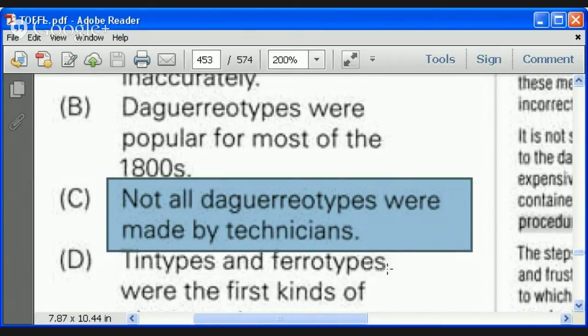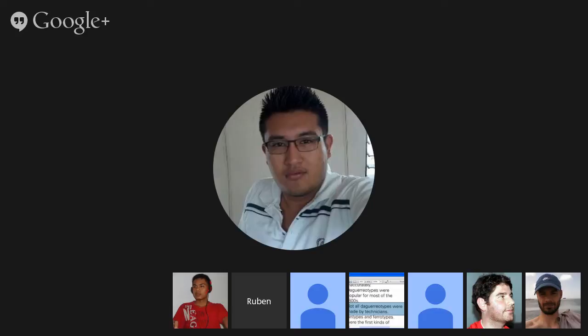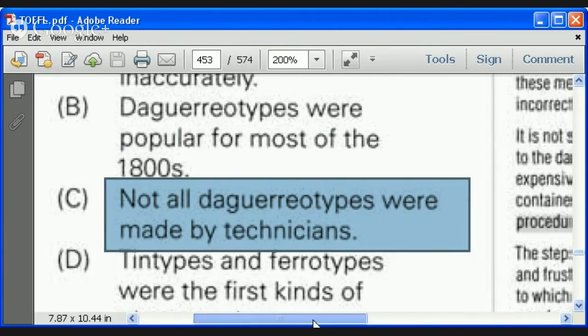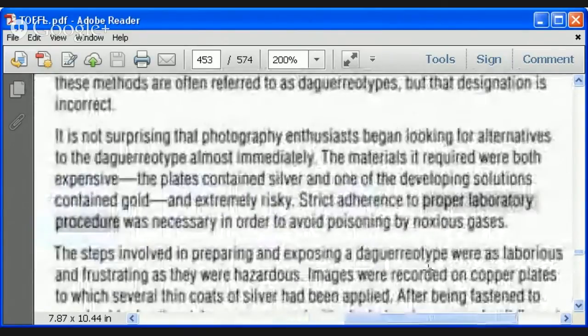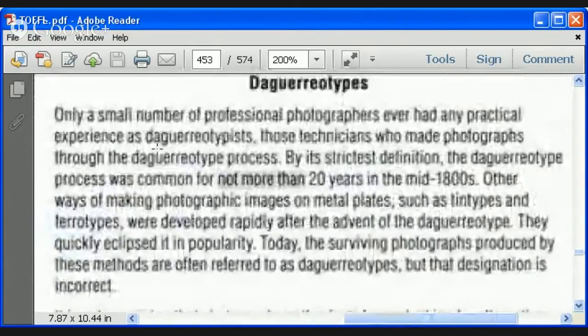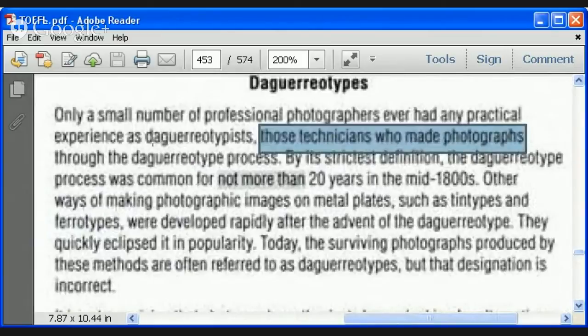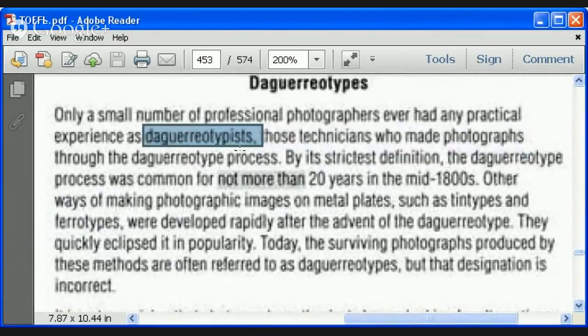Not all daguerreotypes were made by technicians. What do you think of this, Ruben? I think that is the correct answer. You do? Well, I'm not so sure. I'm going to take a closer look. Those daguerreotypists, I can search for.